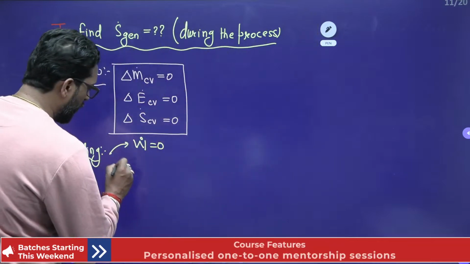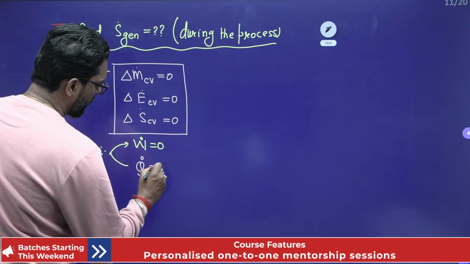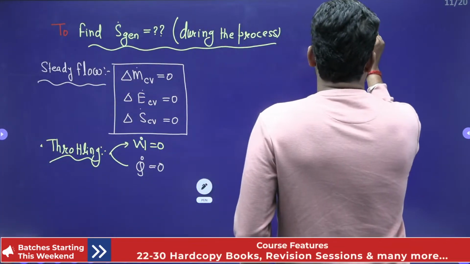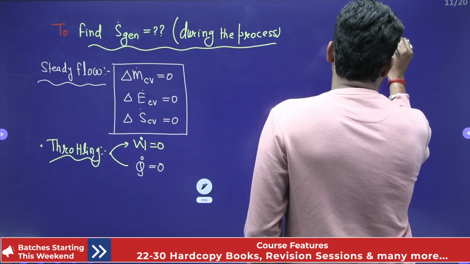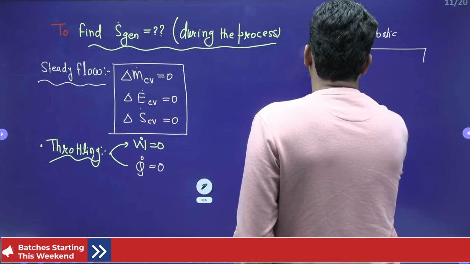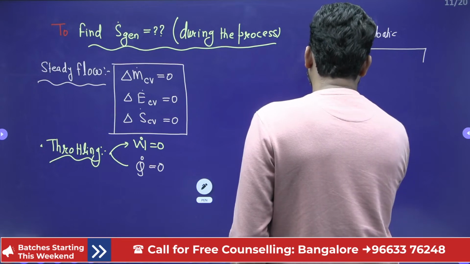And we can assume the throttling is an adiabatic process, so there is no heat transfer. So my dear, adiabatic, and if it is reversible, then in that sense isentropic.